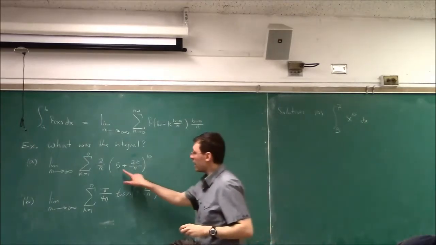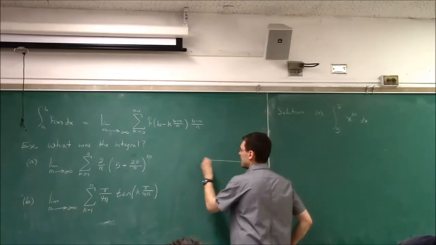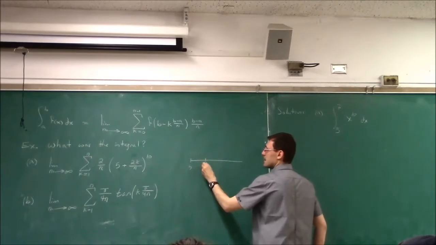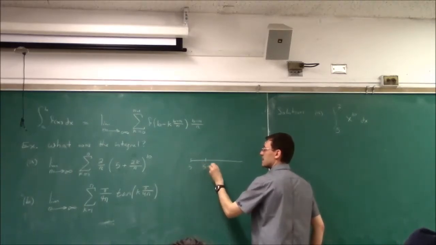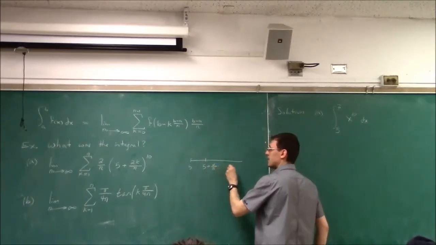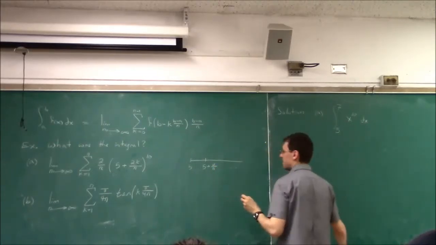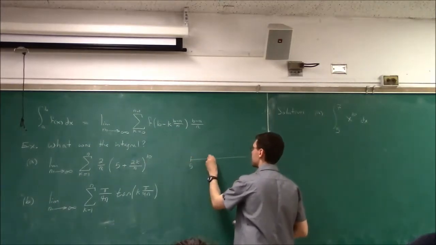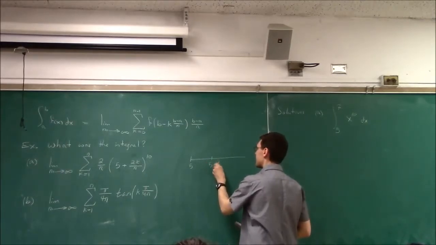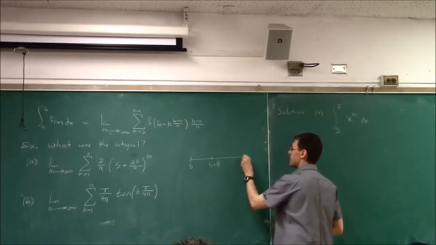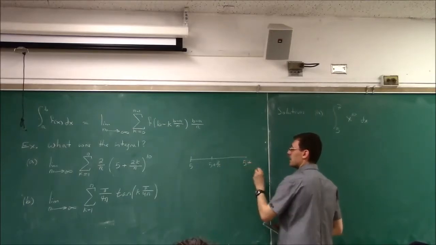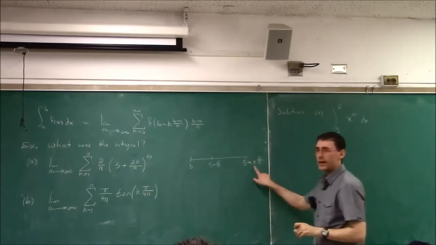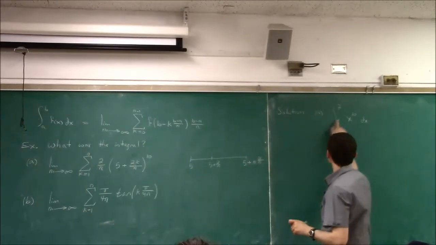So you understand how I was able to notice this. I see that this is 5, and this is 5 plus 2 over n and onwards. How far can I get this way? The very last point is 5 plus n times 2 over n, and you see that the farthest I can get is 5 plus 2, which gives me 7.